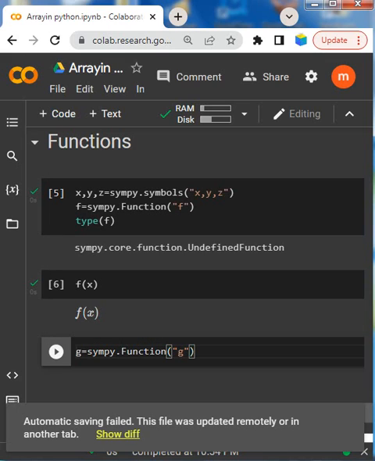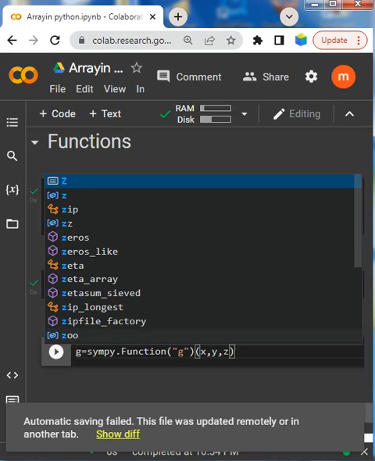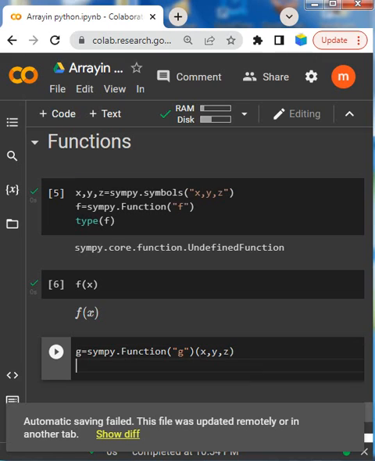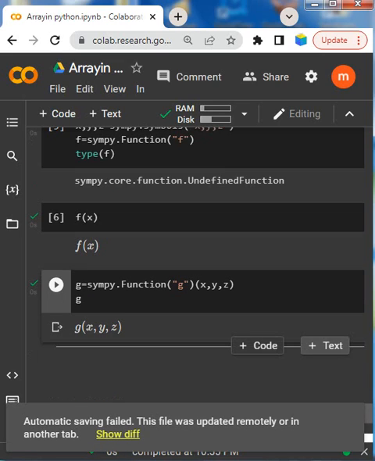First I write g in parentheses, and then another parenthesis with x, y, z. Now let's print g. So g will create a g function, and the g function contains x, y and z. So this is a way we can create another function.